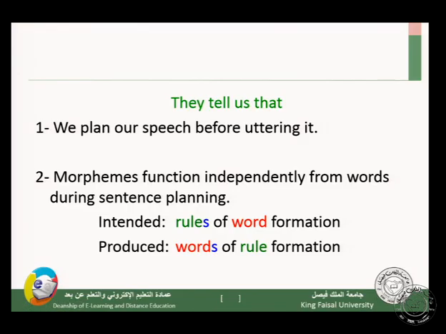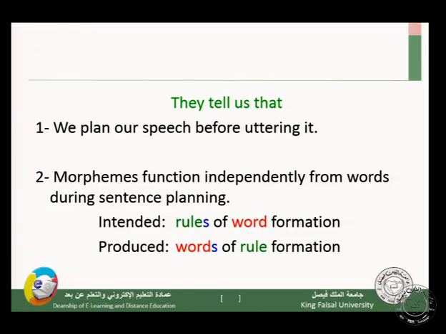So in the planned sentence, inside the mind, which we cannot see, we have a plural s. But in the produced speech, which we can observe, we have an s which came in the wrong place. Instead of rules of word formation, the plural s came in the wrong place: words of rule formation.